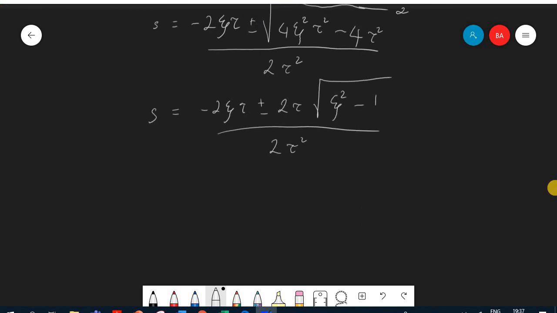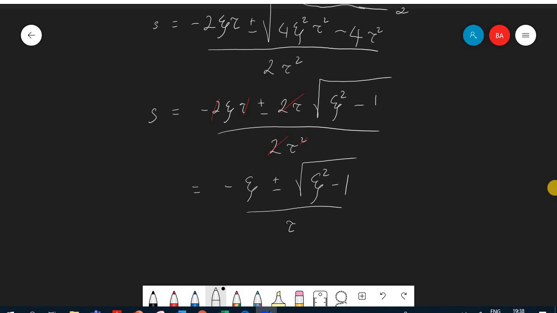Just continuing, the 2 tau can be cancelled out, and my equation is neater now: minus xi plus or minus the square root of xi squared minus 1, divided by tau.